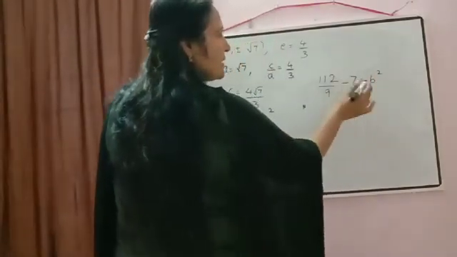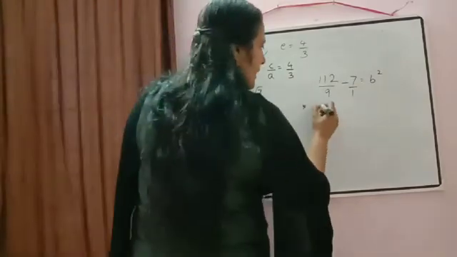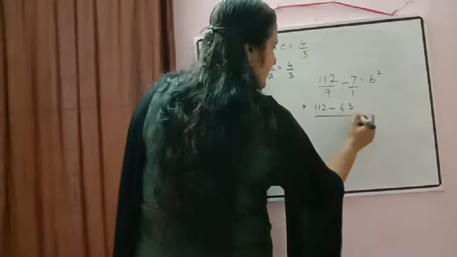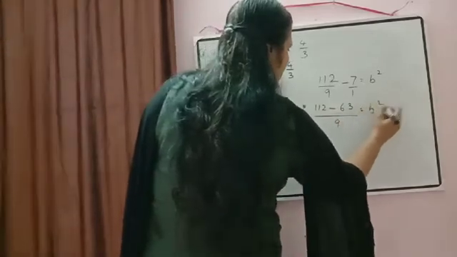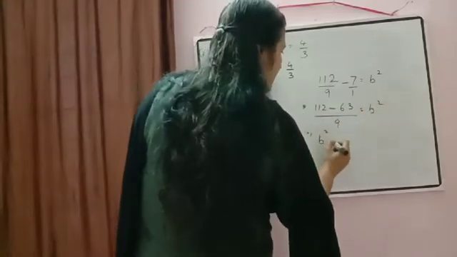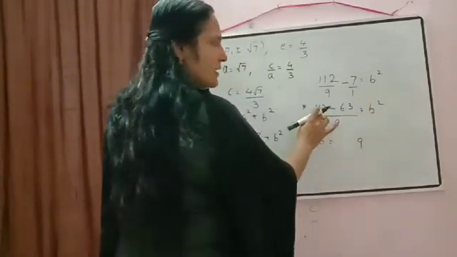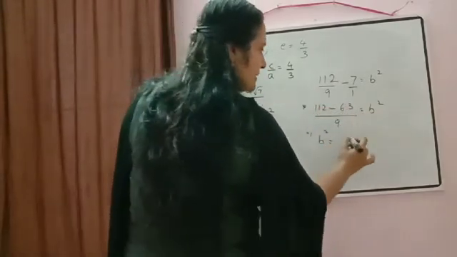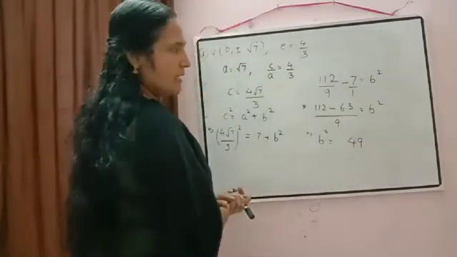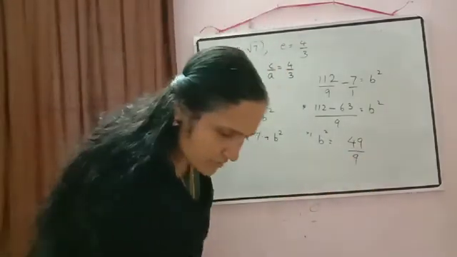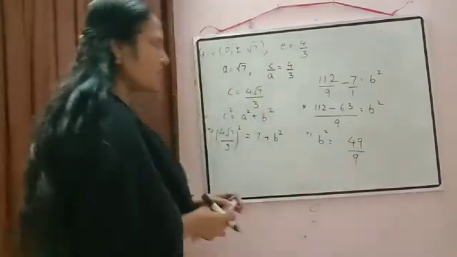Just to do the cross multiplication, then what will come? 112 minus 9 sevens are 63 by 9. So we will get here b square is equal to 12 minus 3, 9. Here it will be equal to 0. So 10 minus 6, 4. 49 by 9. Okay.